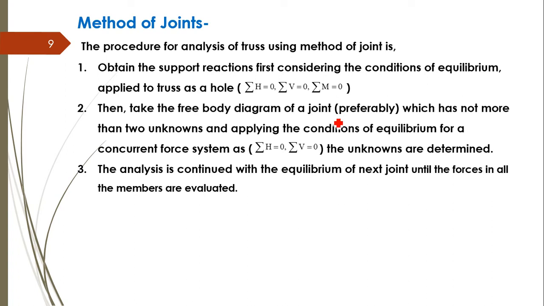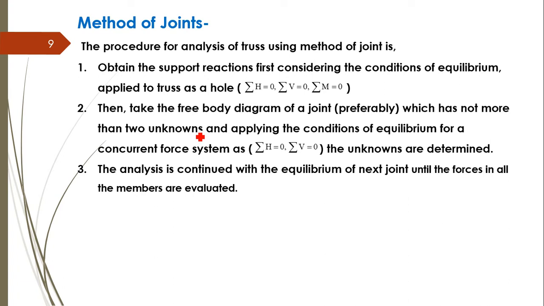After the whole truss, we have to take the free body diagram of separate joints, and preferably consider a joint which has not more than 2 unknowns. Whenever we consider a truss, there will be a number of joints present.